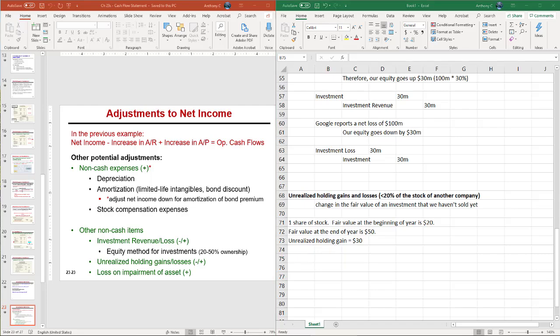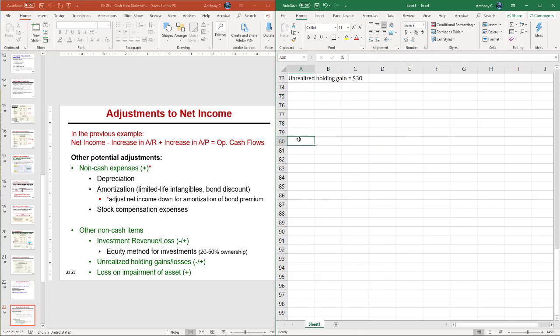The last non-cash item we'll cover is a loss on impairment of an asset. So a loss on impairment of asset, if you think back to impairments, it means that an asset has lost some of its usefulness, so we're going to end up reducing the value of the asset.